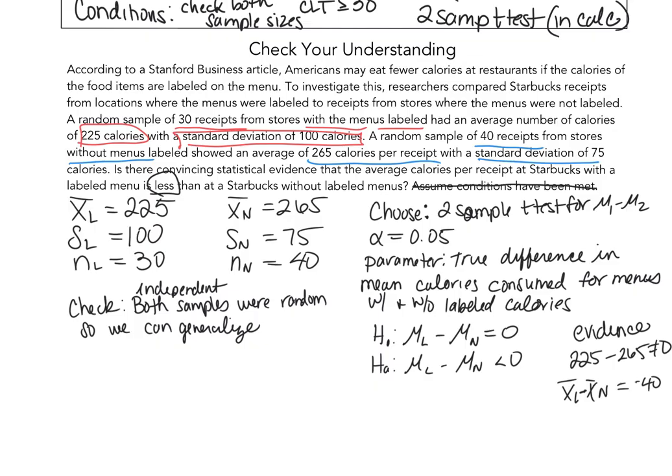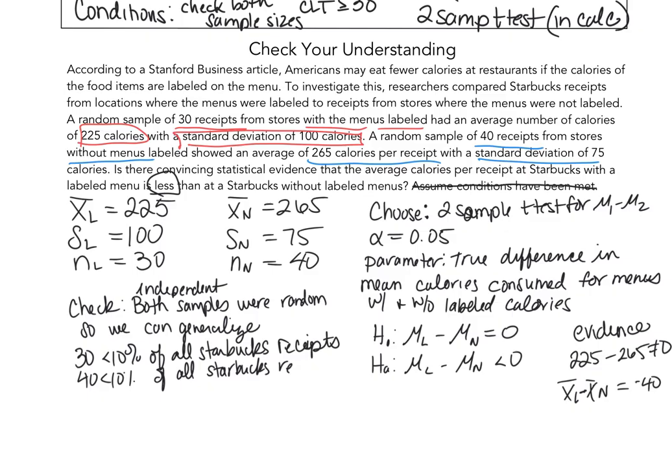Our 30 is less than 10% of all Starbucks receipts. Forgive me if I don't spell that right. And 40 is also less than 10% of all Starbucks receipts. So we can sample without replacement.